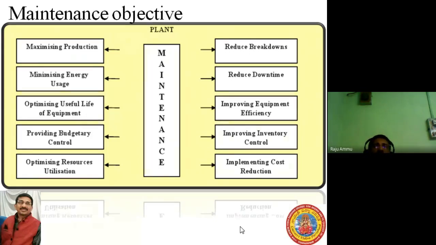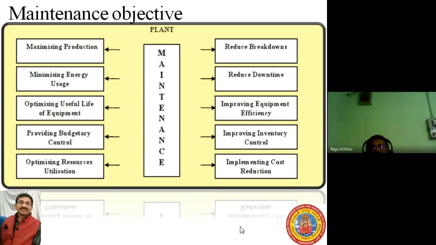So the next thing is minimizing energy usage, or fuel consumption. Generally what happens is, even in your cars, your bikes, you might have heard or experienced this, somebody may be telling you, sir, when I purchased the vehicle, it used to give me 20 kilometers, but now it gives only 12 kilometers, 13 kilometers.